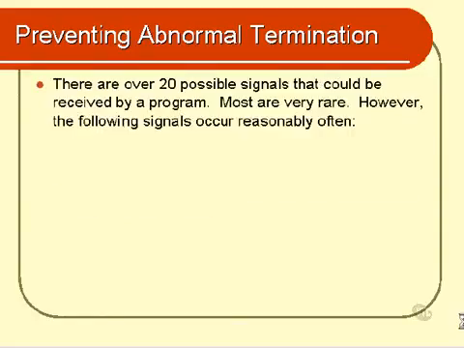So I need to mention the different types of signals that are available. I'm not going to go through all of them because there are a great many and they actually vary from one Unix to the next. There's typically over 20 of them, and most of them you'll never see in the course of your programming life, but there are a few that do occur reasonably often, and I'll tell you what they are and when they typically come up.